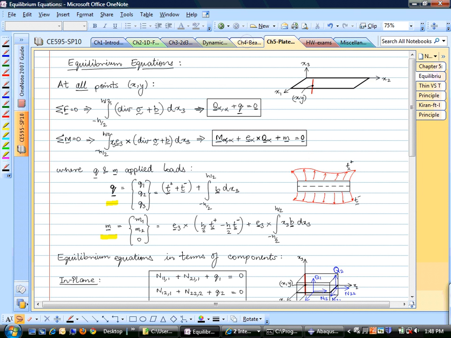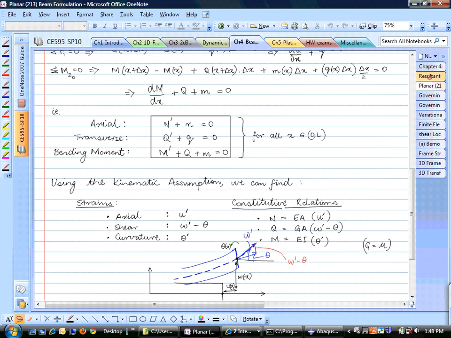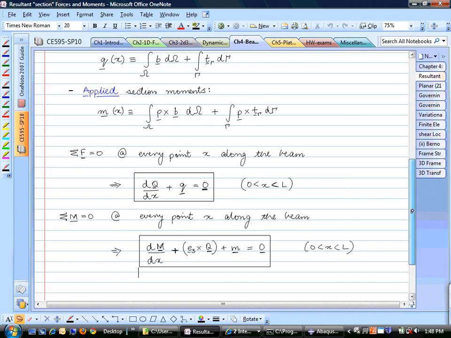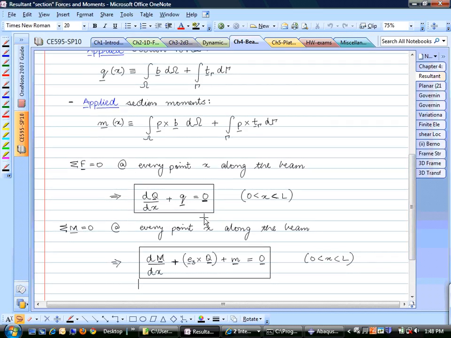Let me actually go back and show you that right here. So this was the force equilibrium for beams. Derivative of shear forces plus applied load is equal to 0. Derivative of moments plus E3 cross the shear force plus applied moments is equal to 0.